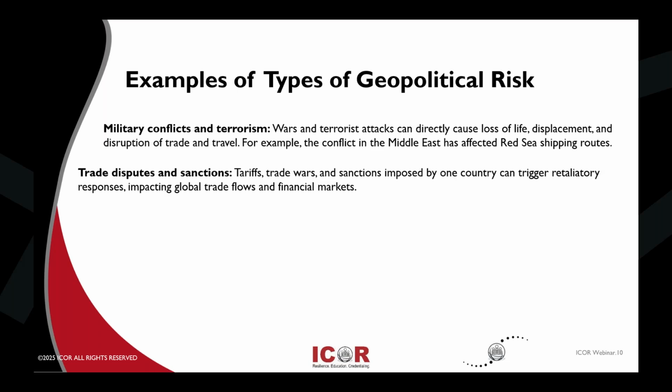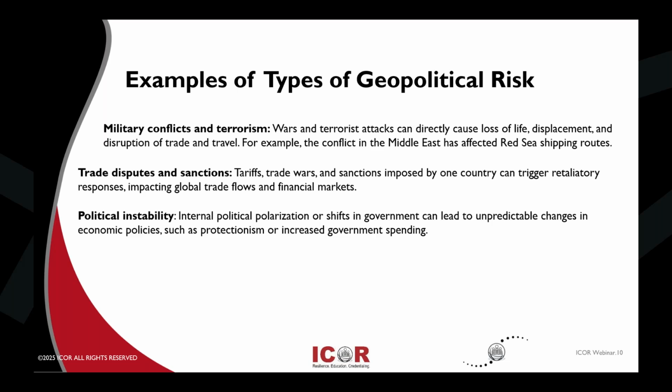When you have things like trade disputes and sanctions, tariffs, trade wars and sanctions imposed by one country, and here's my political moment, we can all say that the United States has done that, it can trigger retaliatory responses, which many countries have also done, which is understandable, which has been impacting global trade flows as well as the financial markets during the past 6 or 8 months.